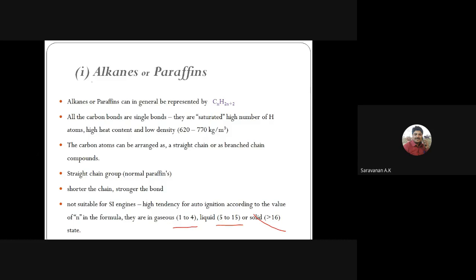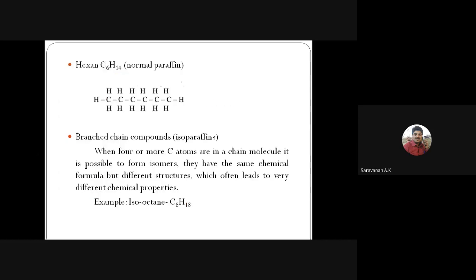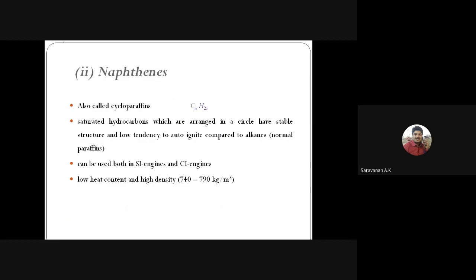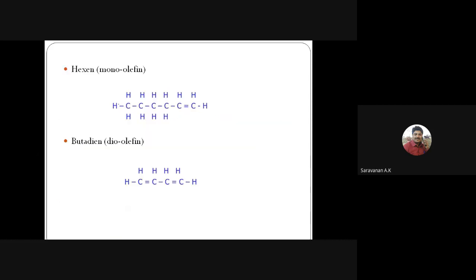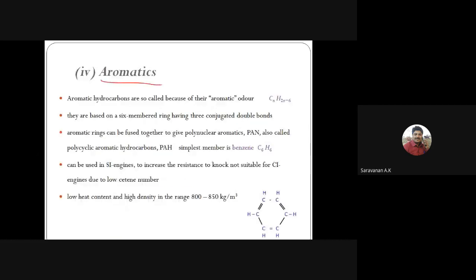So in the liquid hydrocarbons, the first one is the paraffins or the alkanes, and the naphthalene, and the olefins, and the aromatics, right? So these are the liquid hydrocarbons. Then the other classification is the alternative fuels.